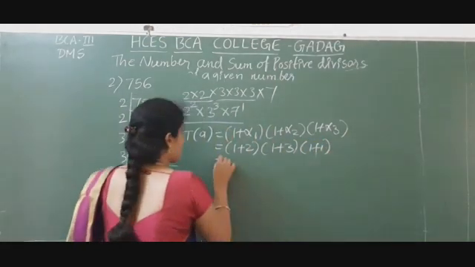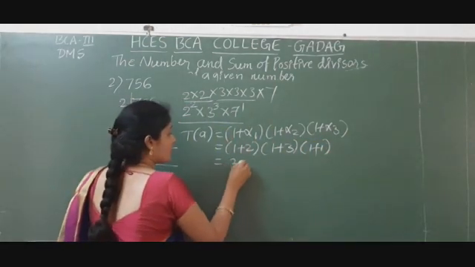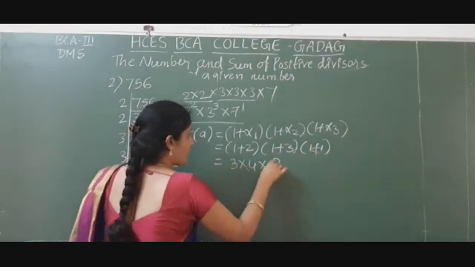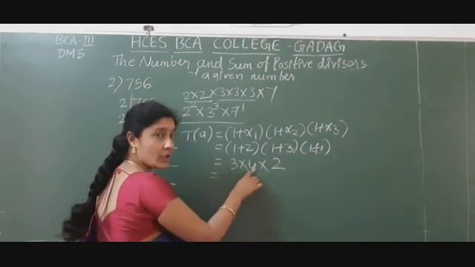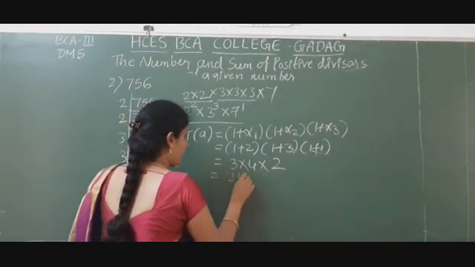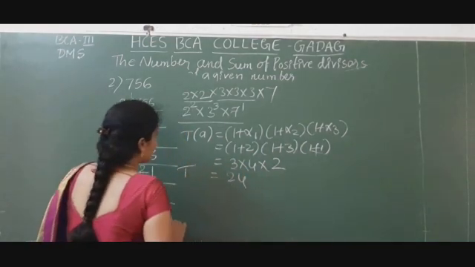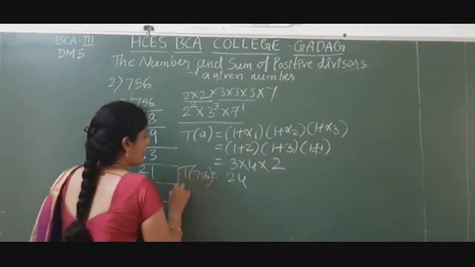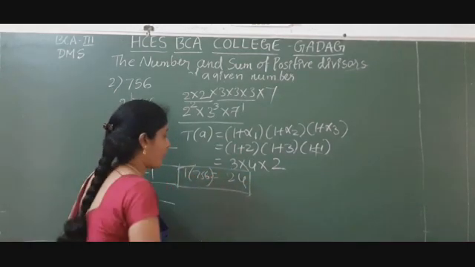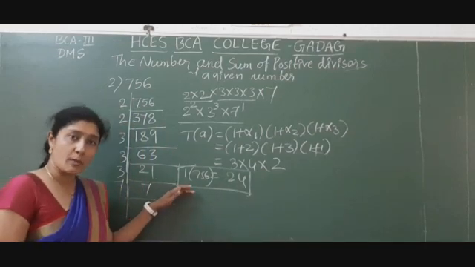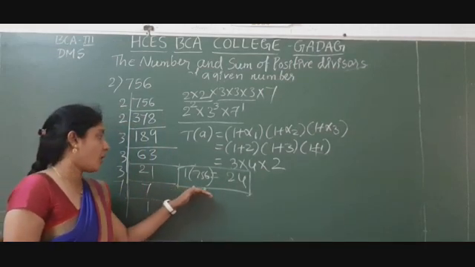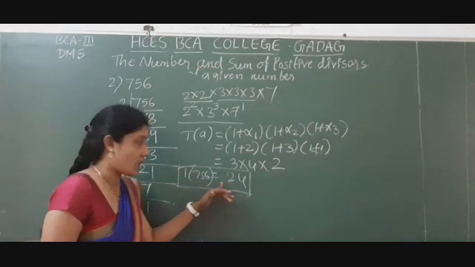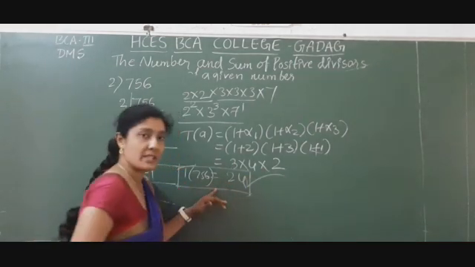So how much is it? 1 plus 2, 3, into 4, into 2. 3 4s are 12, 12 into 2, 24. So T of 756 is also 24. That means the total number of positive divisors of the integer 756 is nothing but 24. So half the problem is done now.